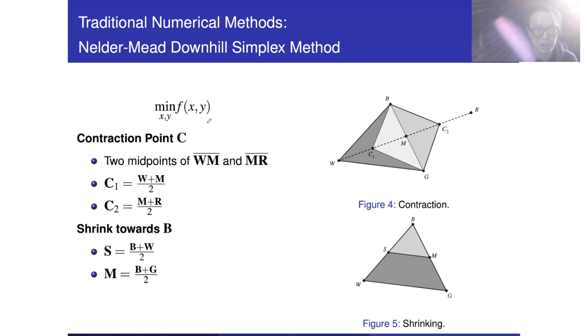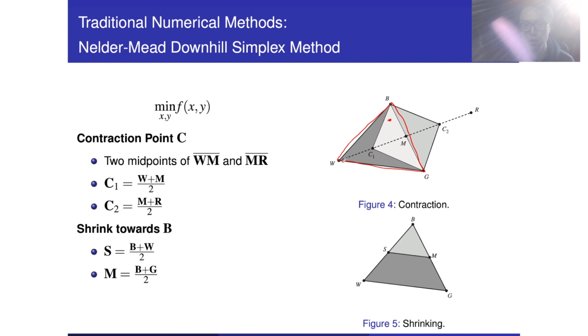We handle the same minimization problem, and the contraction point is C. Once we have this triangle BGW in the current iteration, no matter whether you do refraction or expansion, you cannot find a good solution. That means most likely a better solution should be inside this triangle, for example, this point.